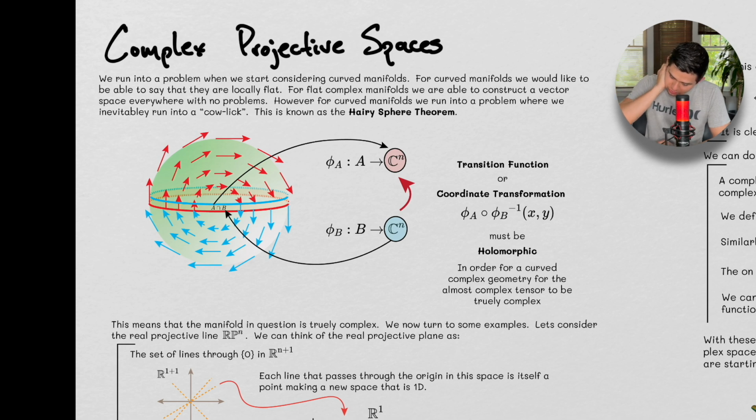We're initially going to run into a problem here with complex spaces, because on the one hand we could take a complex space and define it for every point on one half of, say, a sphere.